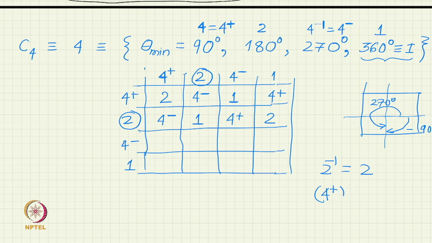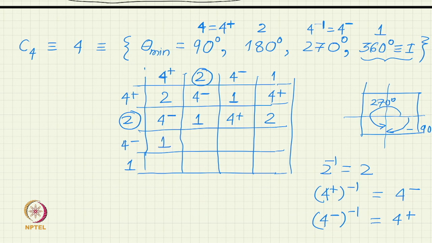4 plus inverse is 4 minus, and 4 minus inverse will become 4 plus. So, that group property that every element should have an inverse is being satisfied. You can complete this.